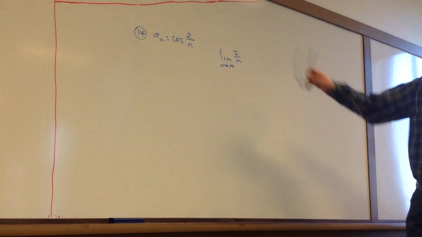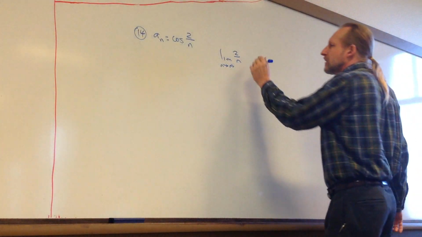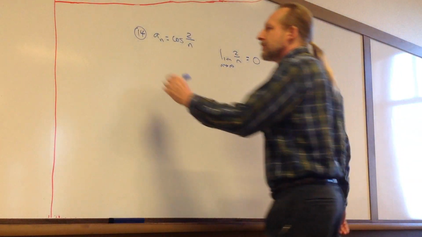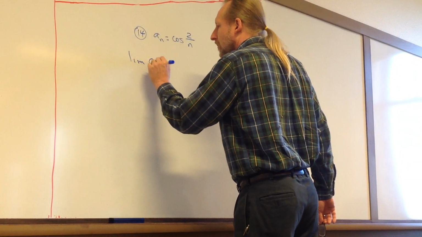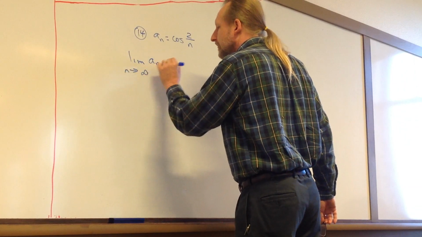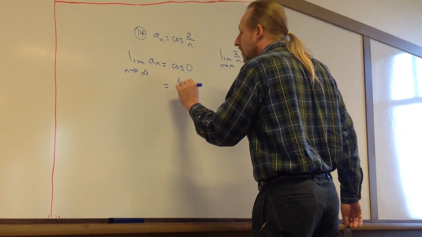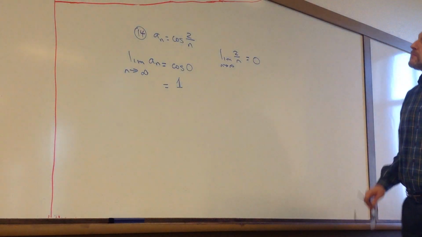It's the same as the limit for 1 over n as n goes to infinity. This is going to go to 0. So our limit for this thing, as n goes to infinity, is essentially going to be the cosine of 0, which is equal to 1.